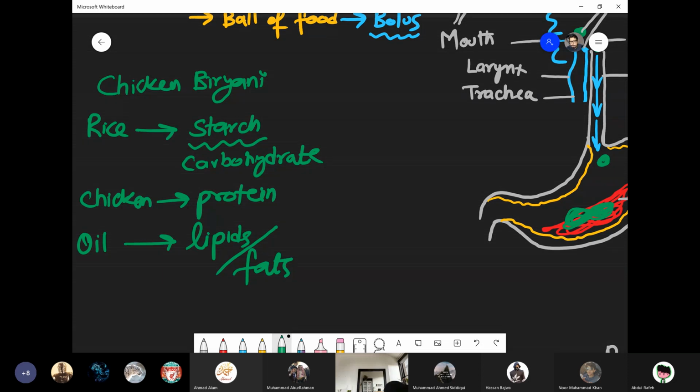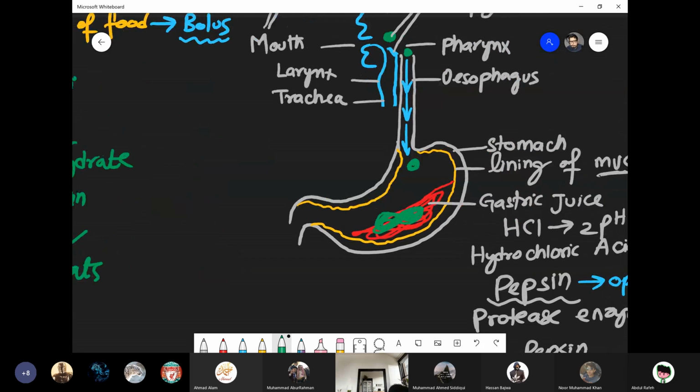This means that this one chicken biryani dish contains all the nutrients, right? Now, starch will be digested in your mouth, not all, a little bit, by the amylase enzyme. And when the protein of the chicken biryani reaches the stomach, it will be mixed over here. And I just taught you that pepsin breaks down proteins into peptides.